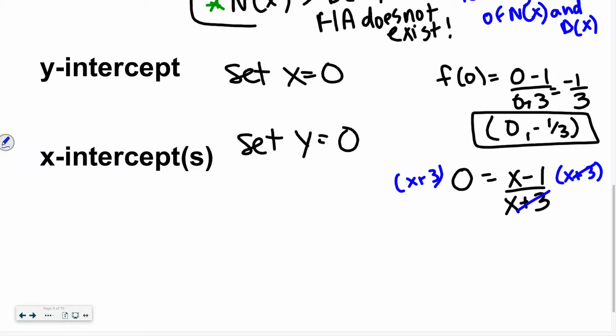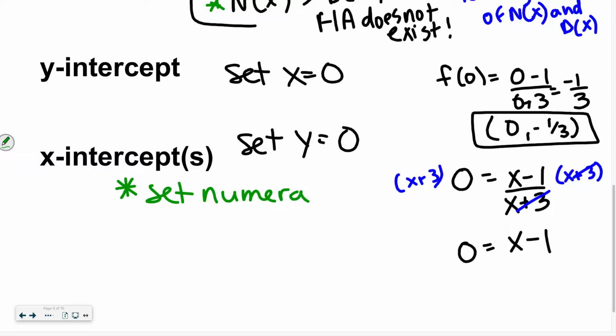Well, what happens over here on the left side every time? It's always 0. So if you're solving a rational function for the x-intercept, you are setting y equal to 0 every single time. There is what I would call a shortcut, and that's set your numerator equal to 0.